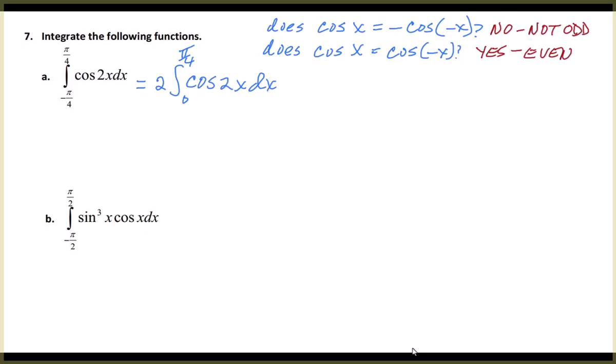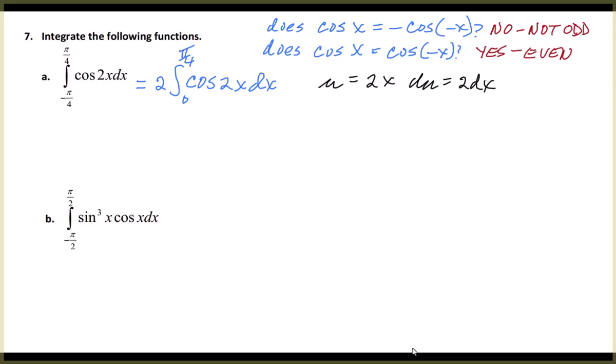So what's U here? Is it cosine of 2x? Nope. It's 2x. That's the inside part. This is different from cosine of x.